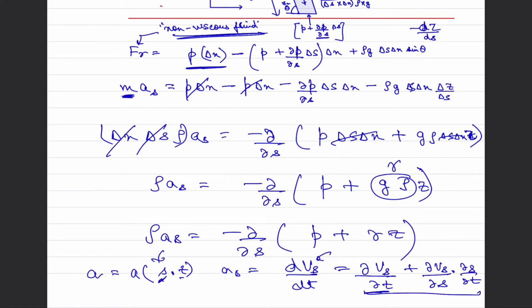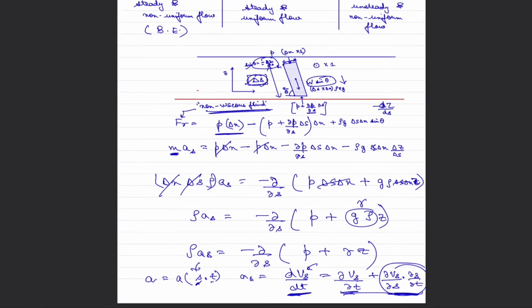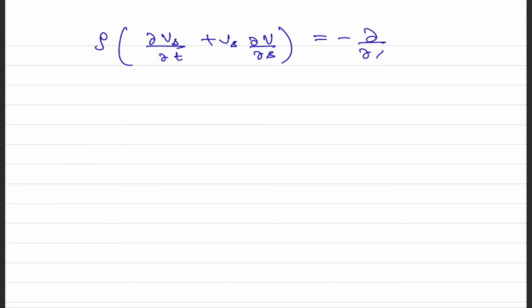I'm sure you can relate that this is the total derivative, and we have split it into partial derivatives using the chain rule here. So substituting these values, we can clearly write that rho times del v_s upon del t plus v_s into del v upon del s becomes equal to minus del p upon del s plus gamma z.